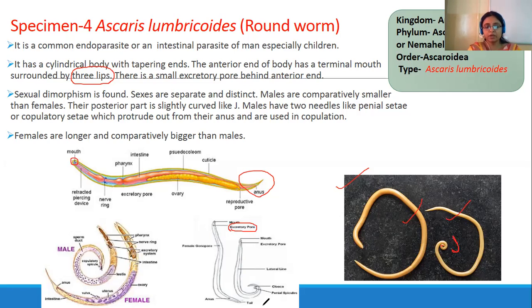The cloaca is there, and inside this cloaca the penial spicules or setae are there, which project out from the anus, and with the help of it, it copulates with the female. So it is used for copulation. Fine. In this way, you can see a clear distinction between male and female.